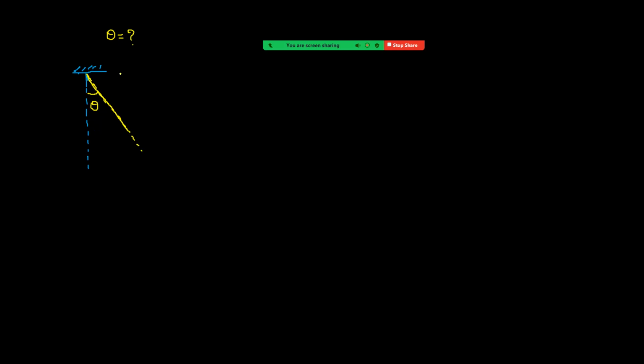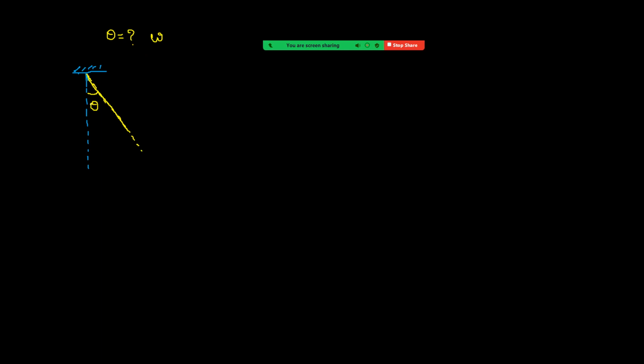Then see what we are doing here. We are solving this question from a rotating frame. Since the rod has omega, we are taking a rotating frame which has the same angular velocity. I am repeating, we are solving the question from a rotating frame which has the same angular velocity.